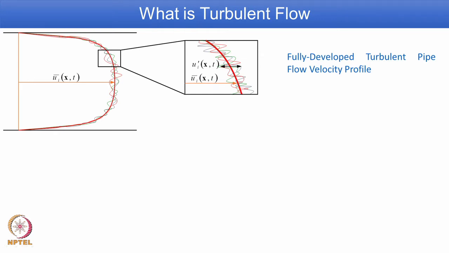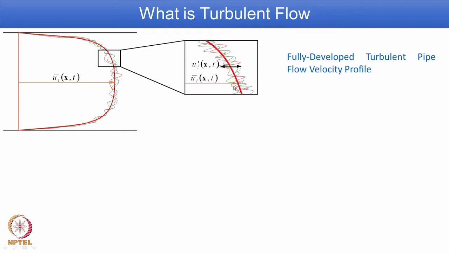Now, let us understand what the symbols are. The i subscript stands for tensor notation. In the next lecture I am going to talk about tensor notation and some algebra associated with it. Then bar stands for average, x bold represents the position, that is the vectorial component, and t stands for time.